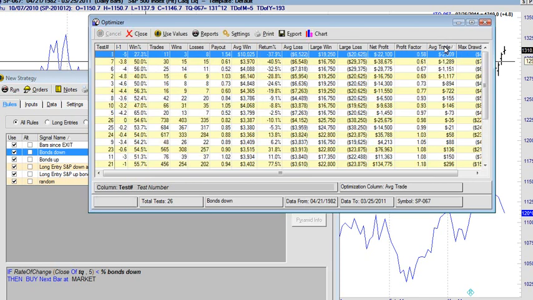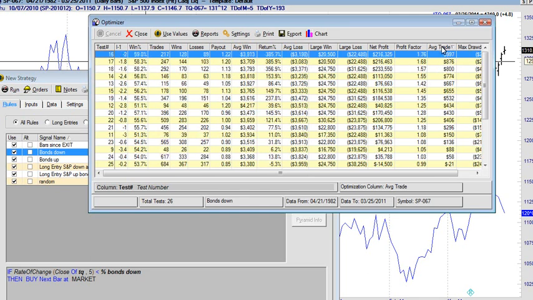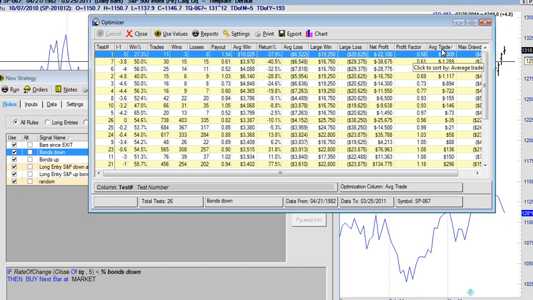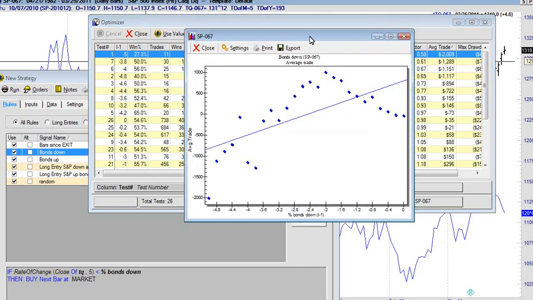You can see again it's being sorted by average trade, and the largest loss was at -5%. There were some that did make money, but those I would call outliers. This is what the slope of the distribution looks like. Over here is the -5%, and the average trade size is lowest here, the more bonds have moved down over that 5-day period.